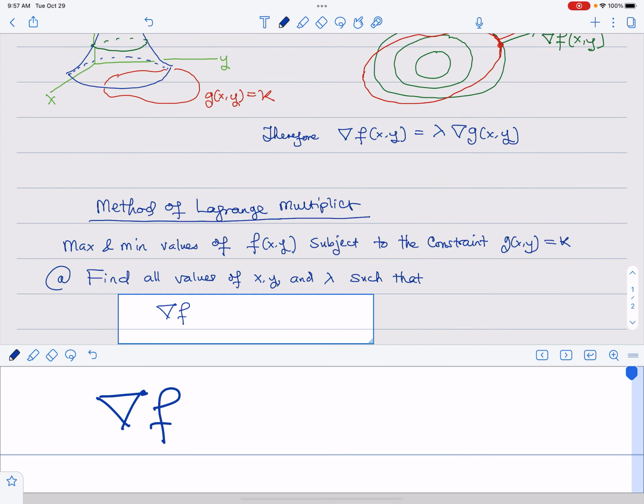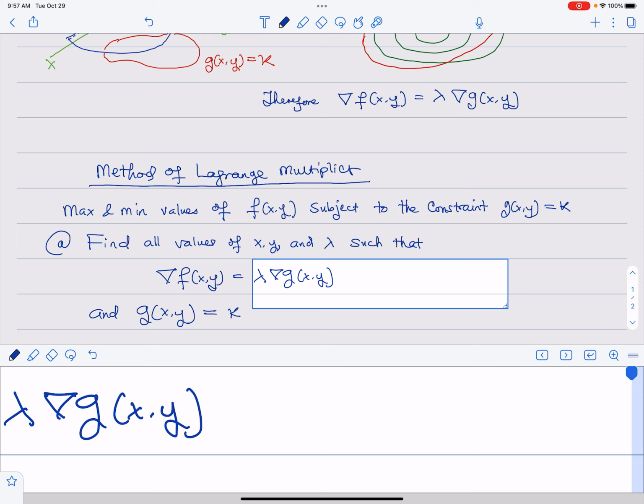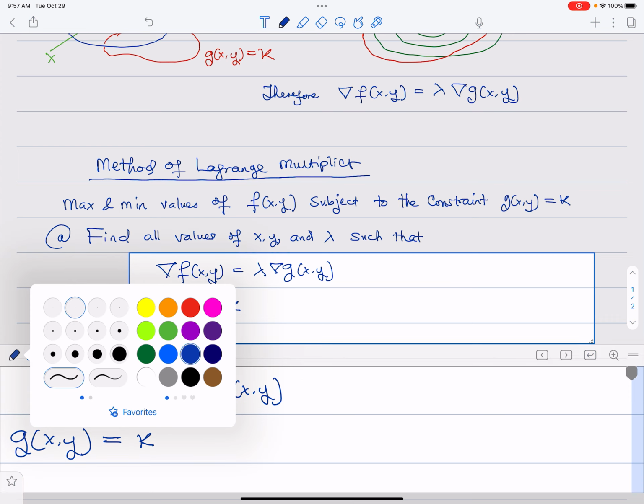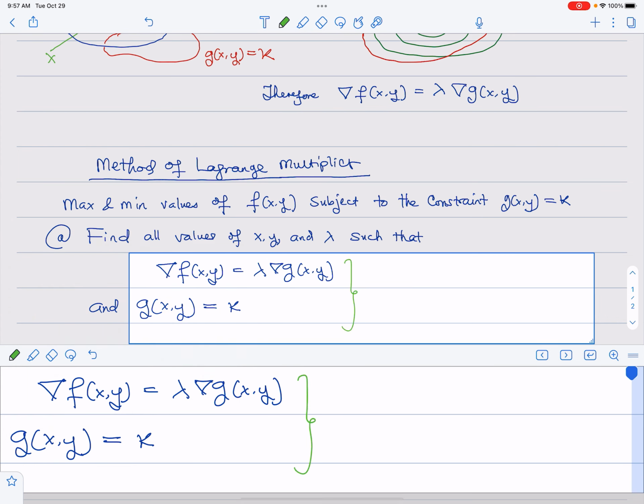So this is going to give you a bunch of equations. So this is a system of equations. These two equations here are going to give you a system of equations.